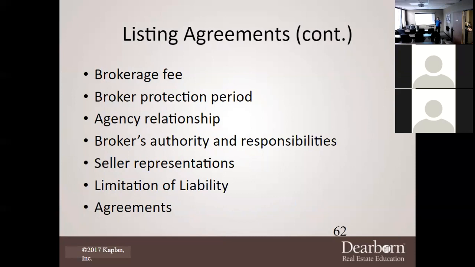It's basically insurance. Okay? So if I showed Stephan your property back in January, and now our termination has occurred, well, I have from today out 60 days for Stephan, if he comes in and puts an offer in, I'm still entitled to a commission. Have I had that happen? Many times.